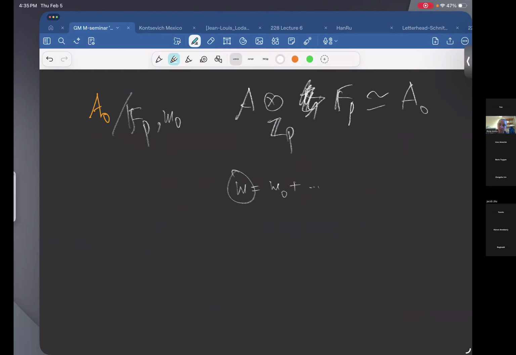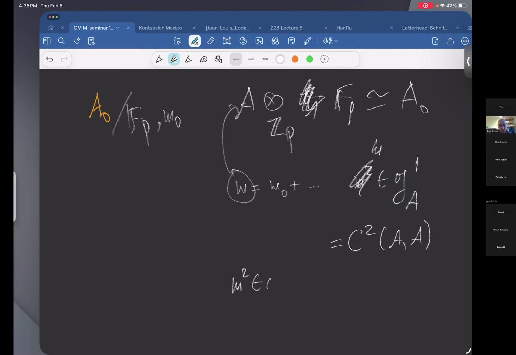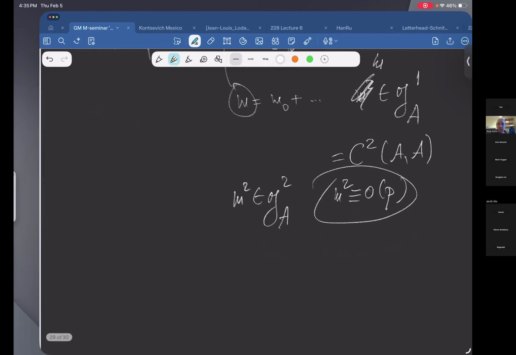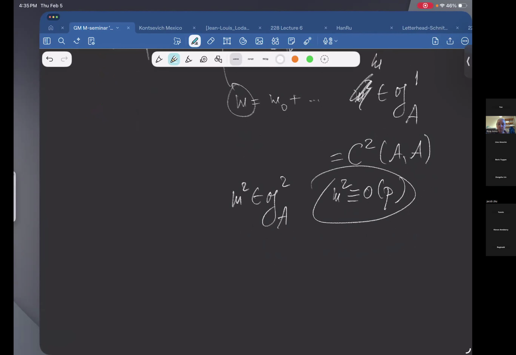No, I would say that somehow, or rather, I'm sorry, M is in G1 and M square is in G2. And so it's a Hochschild cochain. I said that Hochschild cochains are not derivations, but they are co-derivations of the bar construction.